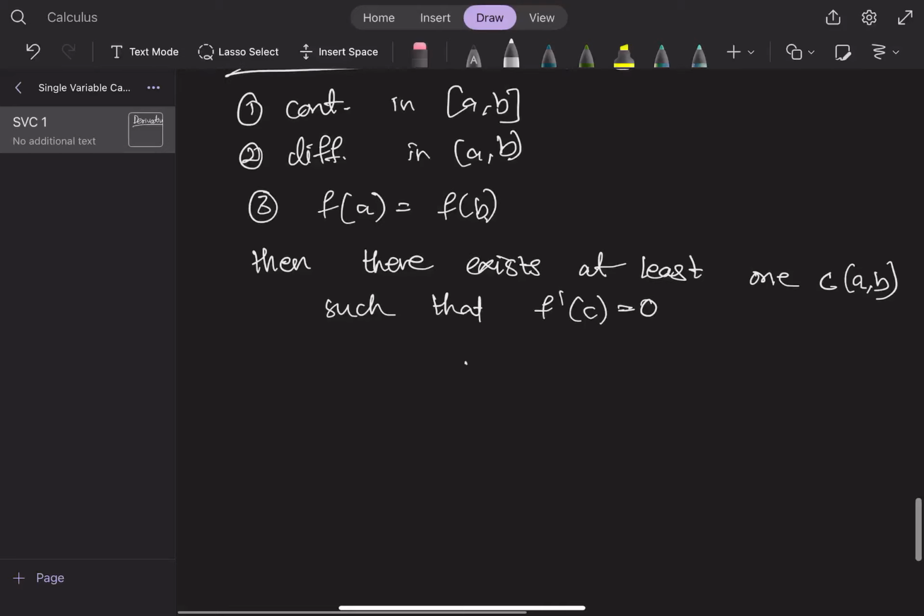Or you can say the slope dy by dx at x is equal to c is equal to 0.